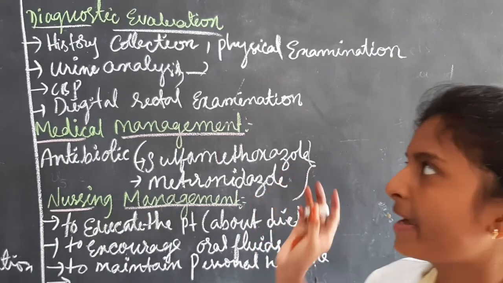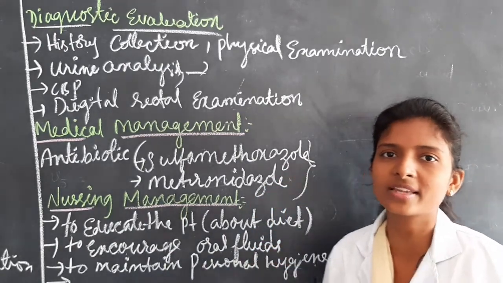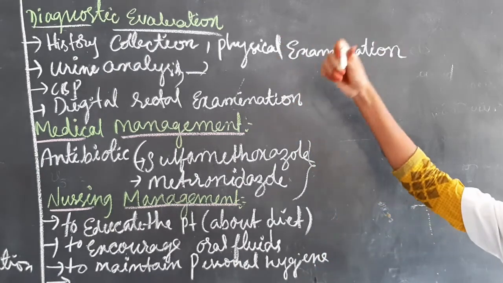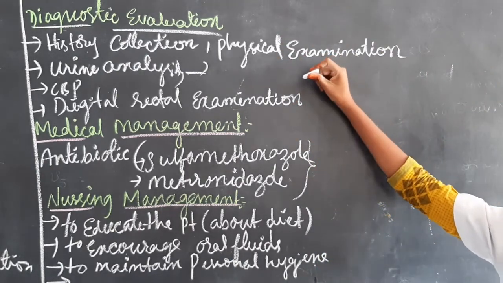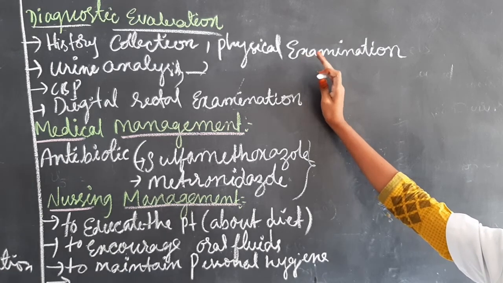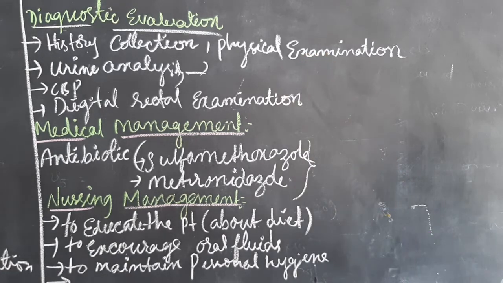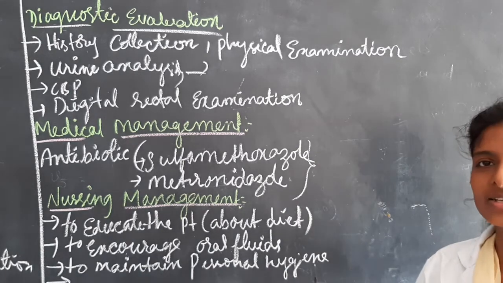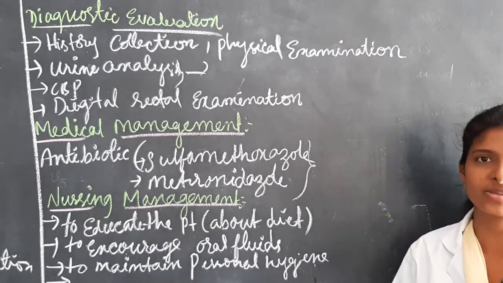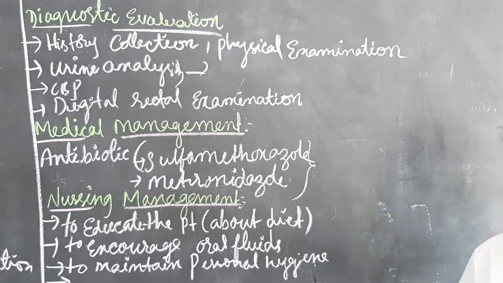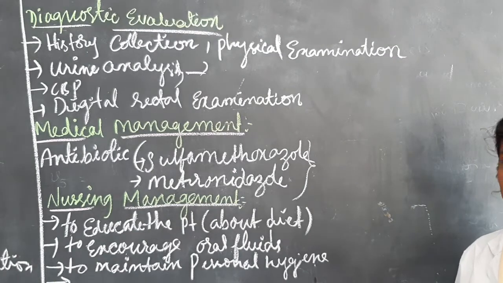We have seen diagnostic evaluation: how they are going to identify the patient's problems, by history collection and by physical examination. In history collection, they collect the present history of illness and past history of illness, and there are two methods, the subjective method and the objective method.